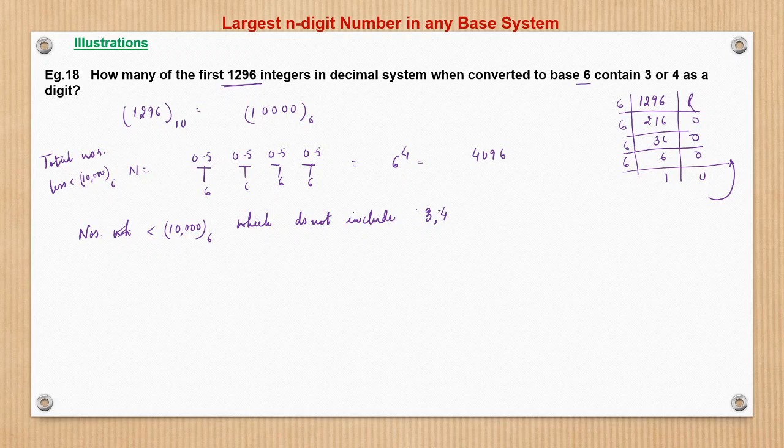Here each place can take 0, 1, 2, 5. This is the possible case, same for every place. So this is 4 cases each, which becomes 4 raised to power 4, which is nothing but 256.